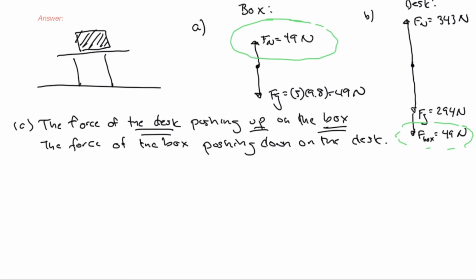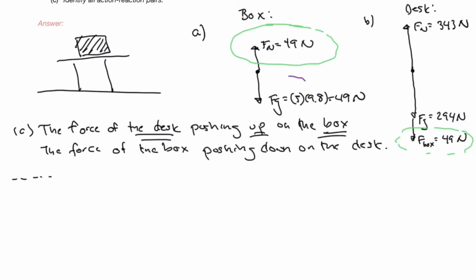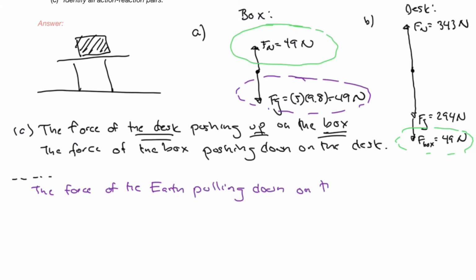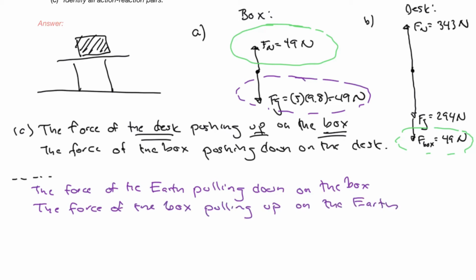So let's talk more about the force of gravity acting on the box. In this case, I'm going to write down that force in a sentence. This is the force of the earth pulling down on the box. By rewriting that sentence in the same way I did before, I can find its reaction force. This is the force of the box pulling up on the earth.